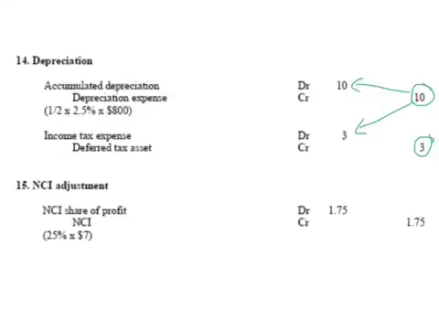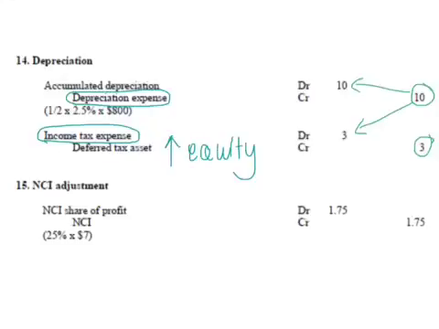Now, the only further consideration is if we don't own 100% of the subsidiary, then any adjustment that we pass on consolidation that affects the group equity needs to be reflected in the NCI. These adjustments do, because they increase our earnings figure on a group level, so effectively it increases the equity of the group.